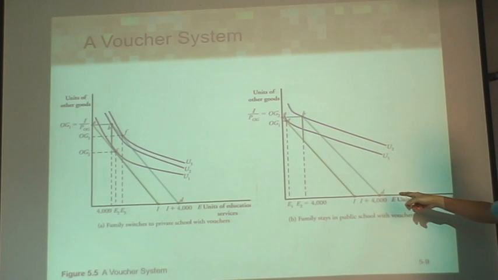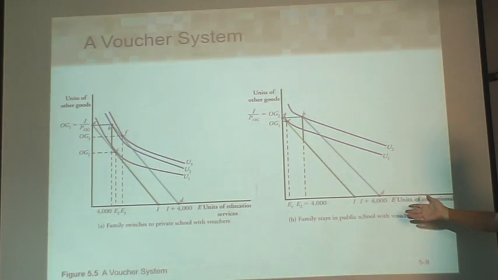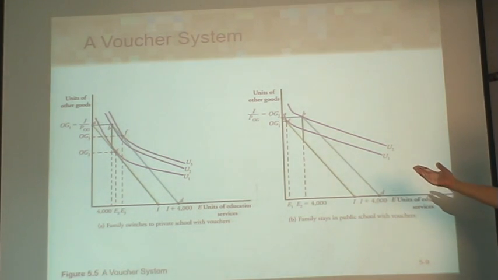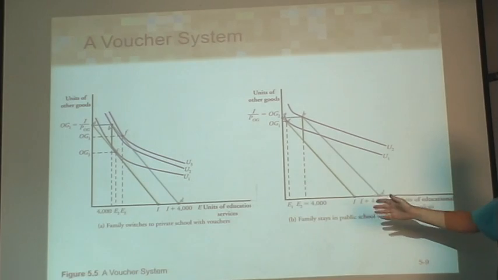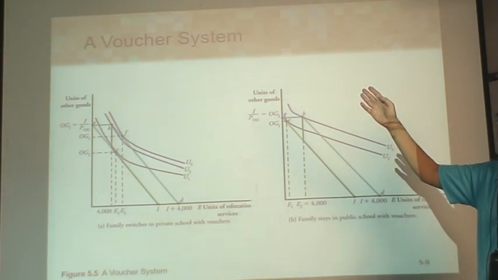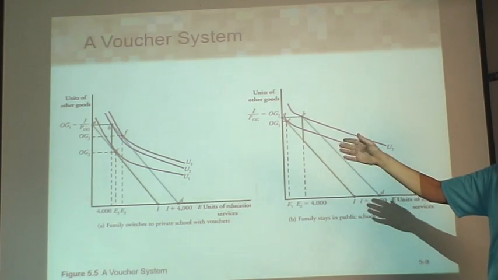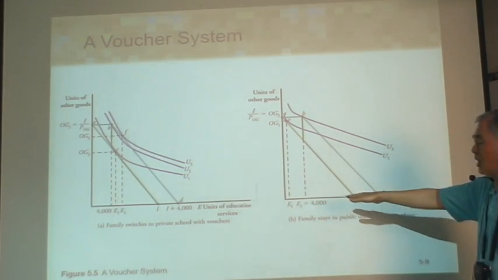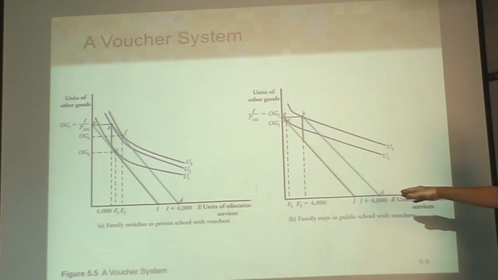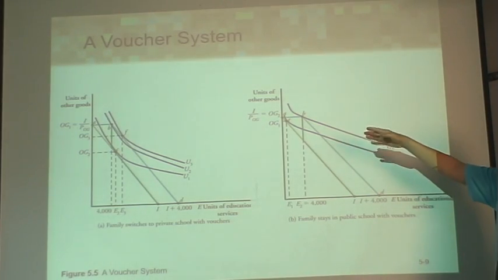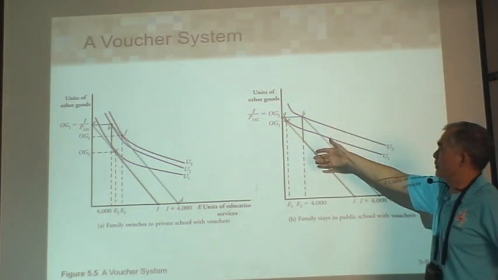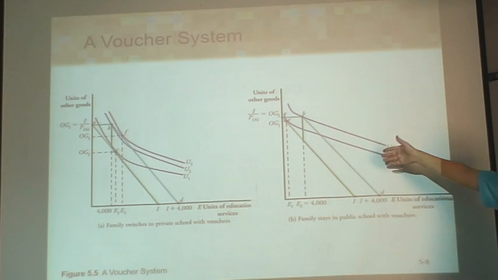In this case, because the parents may have consumed enough education, they change their taste. So as I say, when the indifference curve is steeper, it prefers the goods on the horizontal axis. And this one, it turns flatter, right? Flatter means it prefers the other goods rather than education, okay?